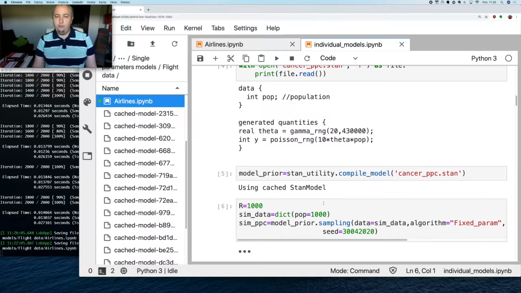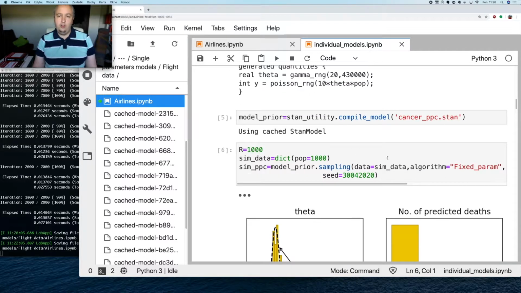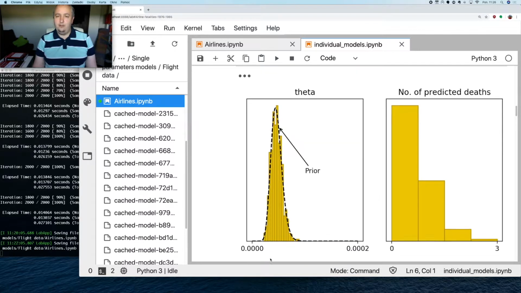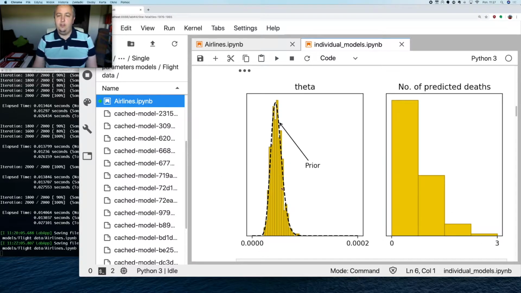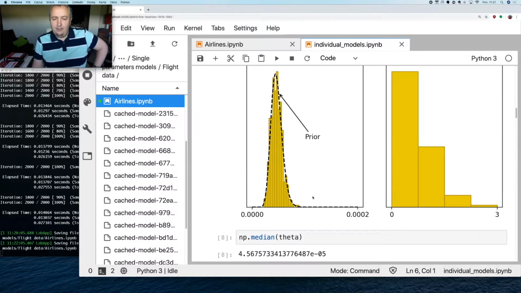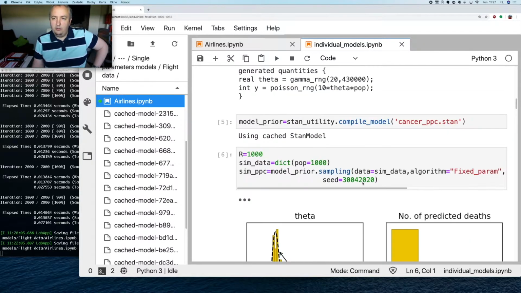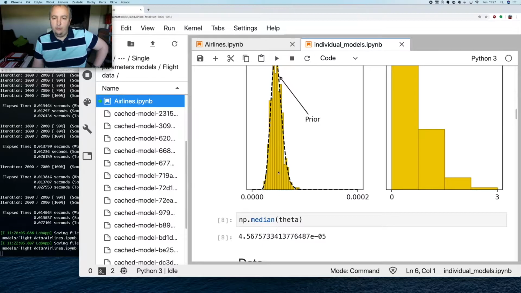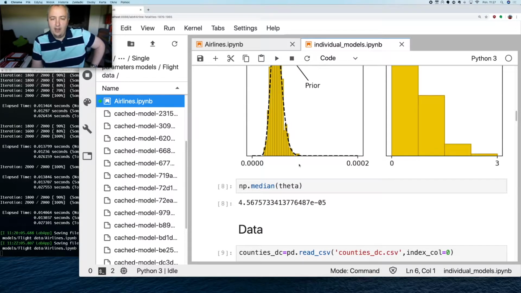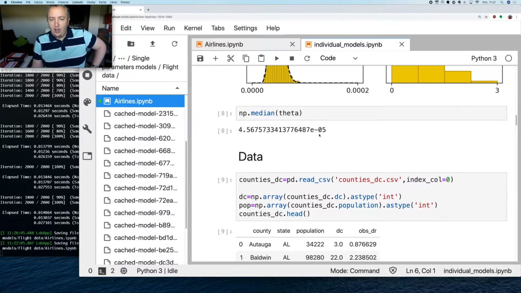For example, for a population of 1,000 people, we can get between 0 and 3 deaths in the 10-year period, and the distribution is consistent with our prior. As you can see, the mean rate theta is also well located here, around 4 times 10 to the minus 5. We have our data set.